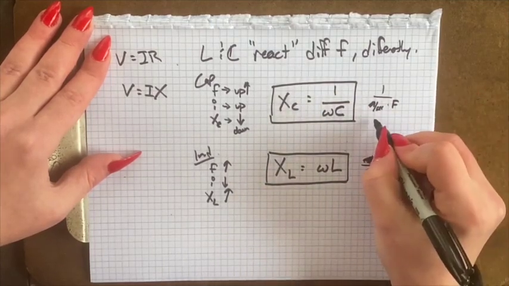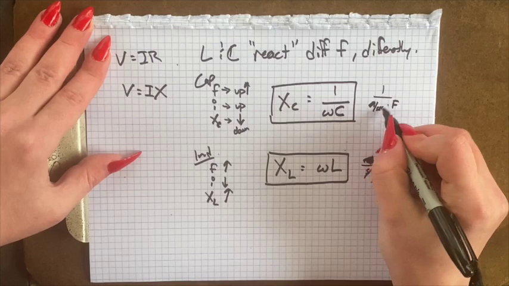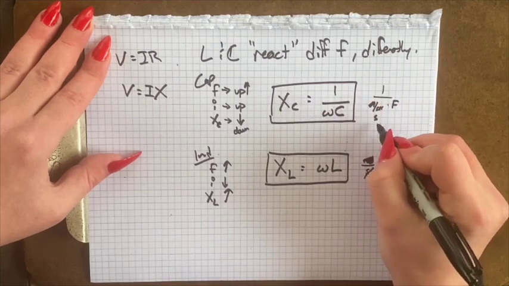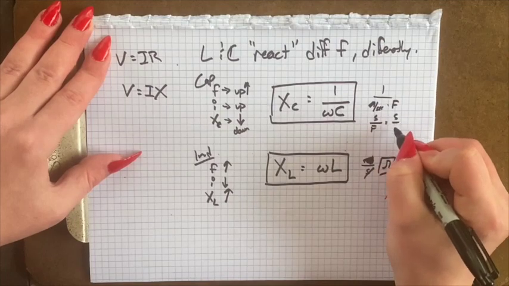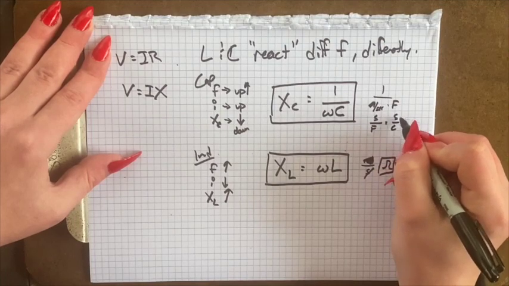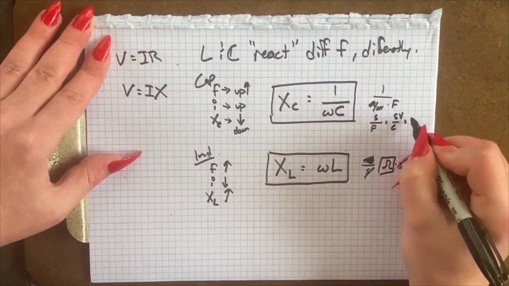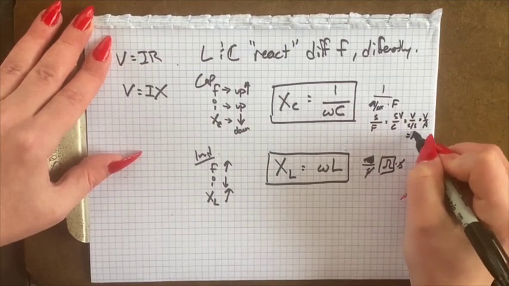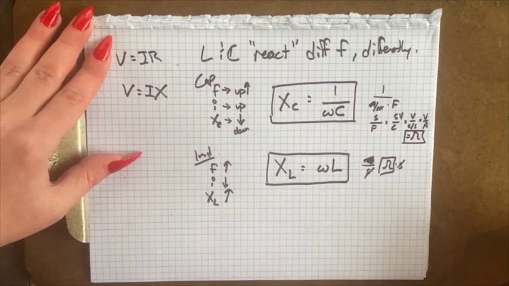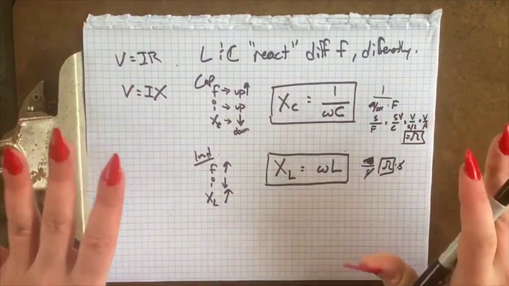Well, I guess 1 over seconds is actually on the top, so that's seconds per farad. Equals seconds per, I guess we had what? Coulombs per volt. This is a volt per coulomb per second, which is a volt per amp, which is, by Ohm's law, also an ohm. So this stuff looks interesting.